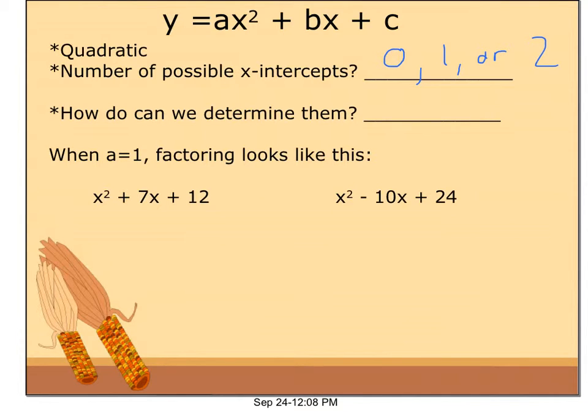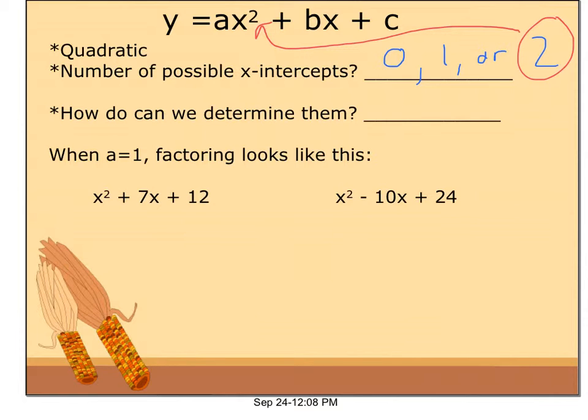You can have at most 2 because a quadratic is a second-degree polynomial, meaning the highest power in the equation is x raised to the second. There's no third power or fourth power. That tells us the maximum number of x-intercepts it can have, and in this case, it's 2.